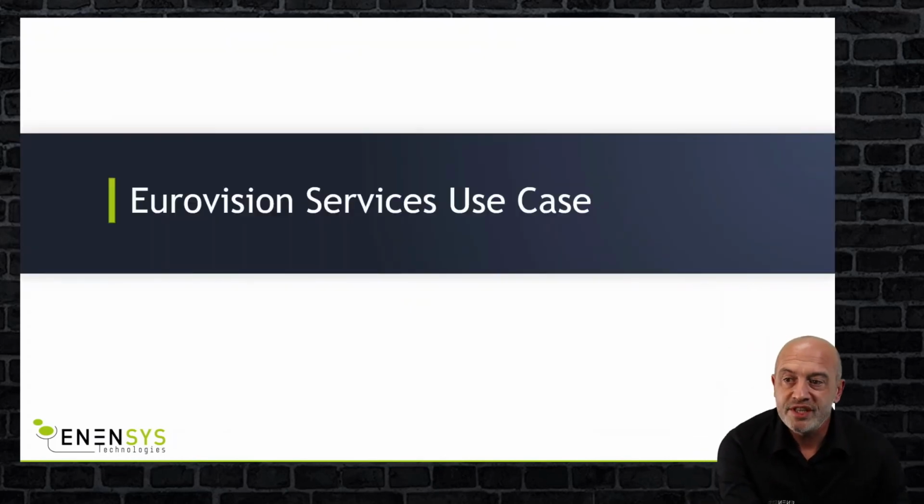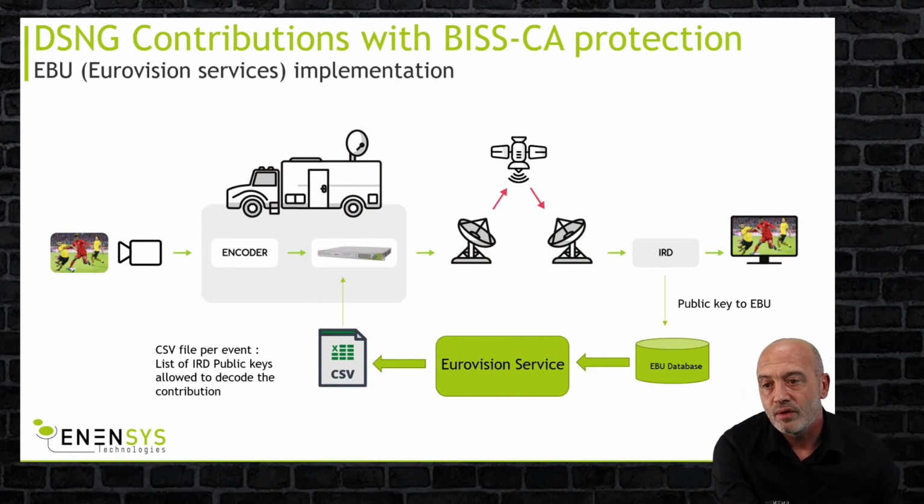And just to finish, here is the Eurovision example, the Eurovision services, which is now using the BISS-CA feature. So all the IRDs from the members have been upgraded with the BISS-CA feature. Each member is providing its public key to EBU.